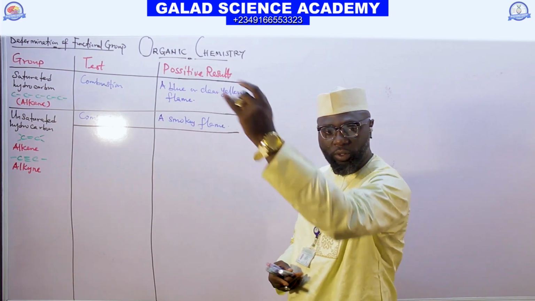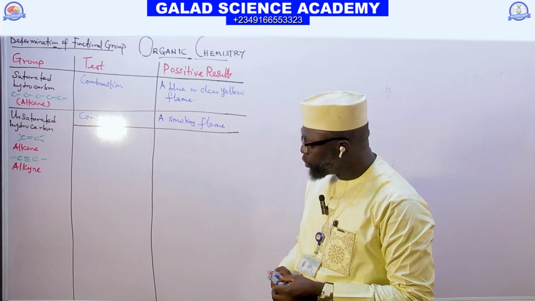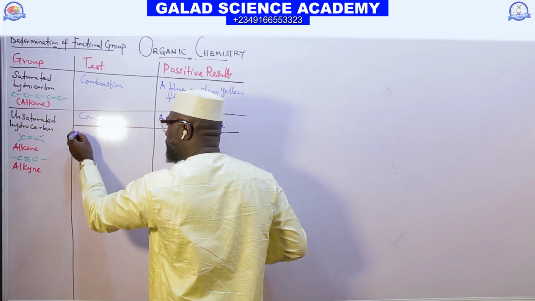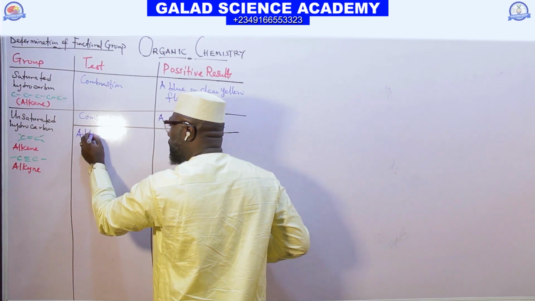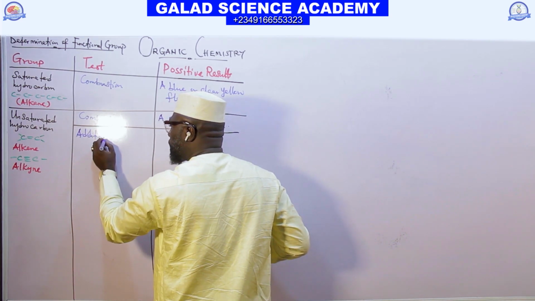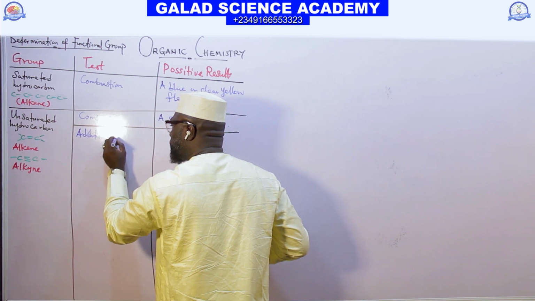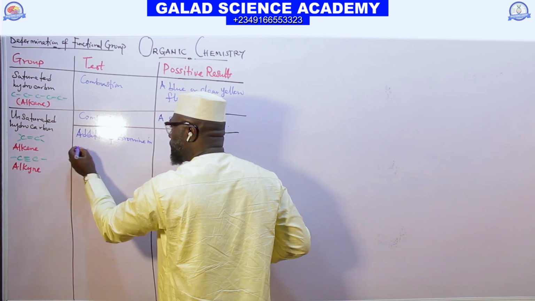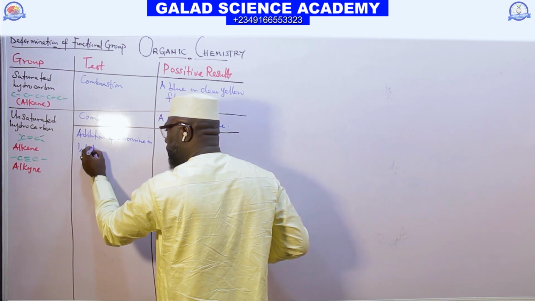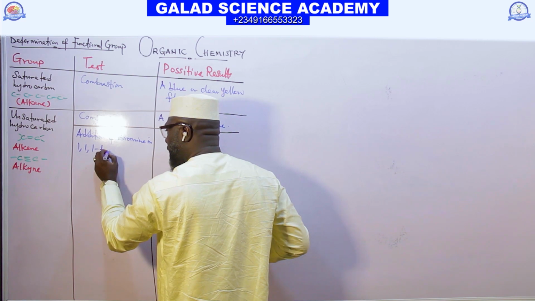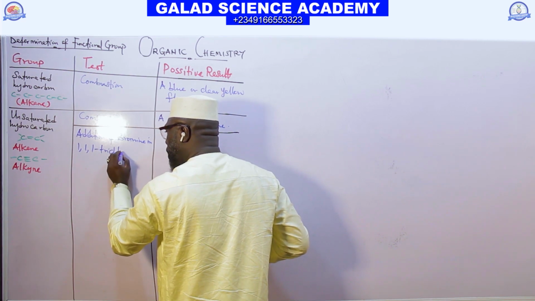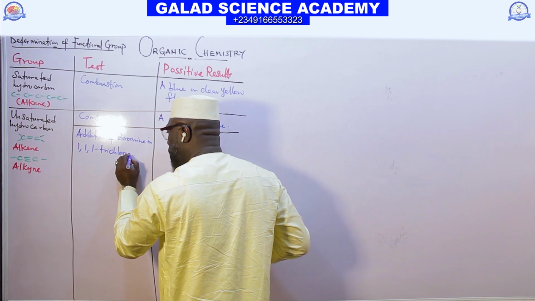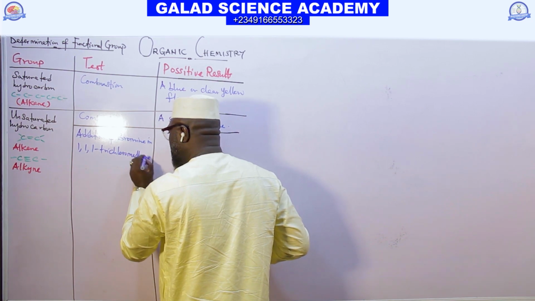And the second reagent that we can use is addition of bromine in 1,1,1 trichloromethane.